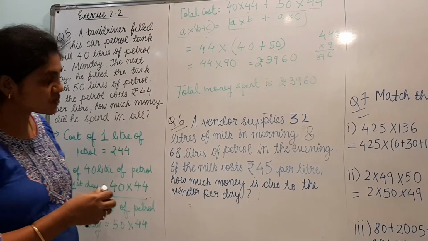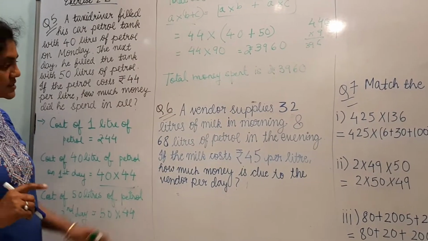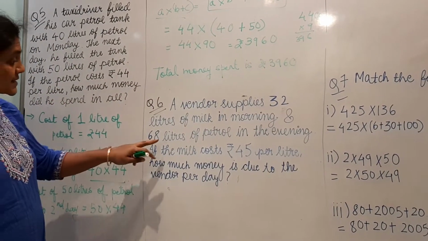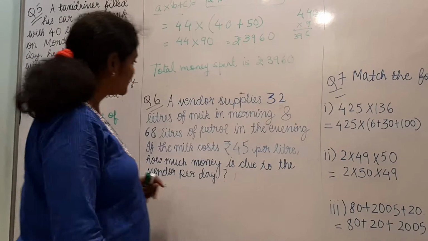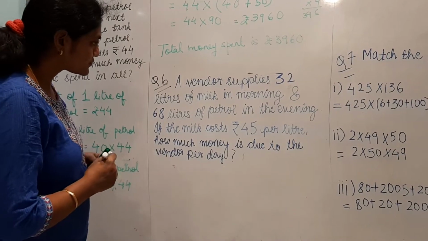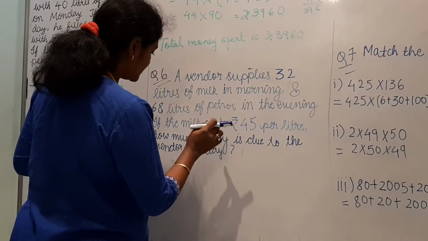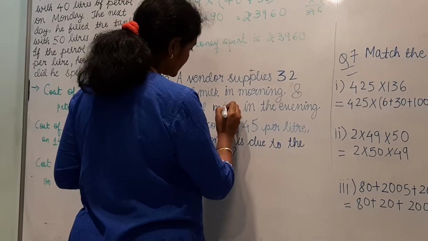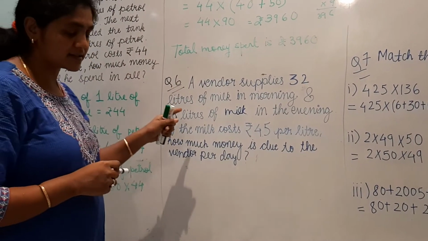Now, the sixth one. A vendor supplies 32 liters of milk in the morning and 68 liters of milk in the evening. In the morning it supplies 32 liters.